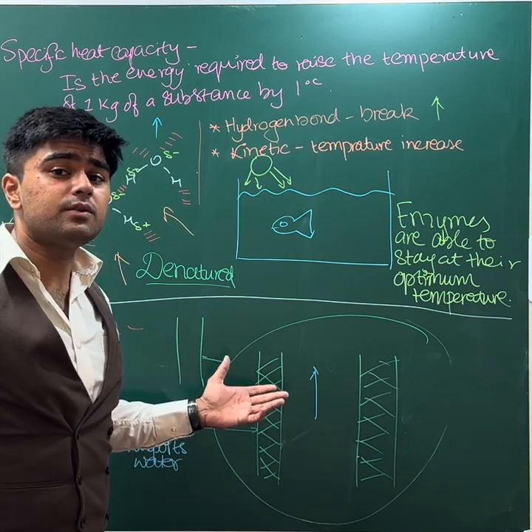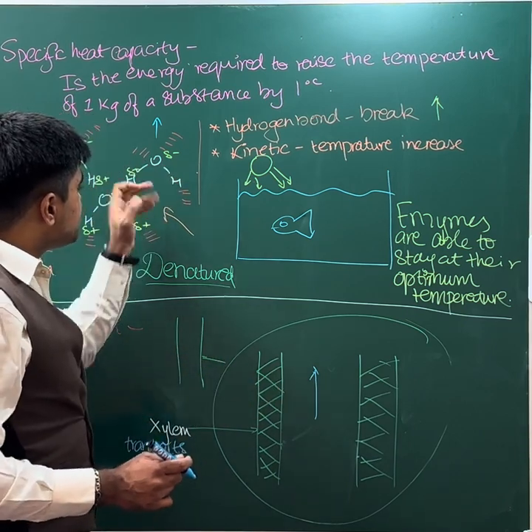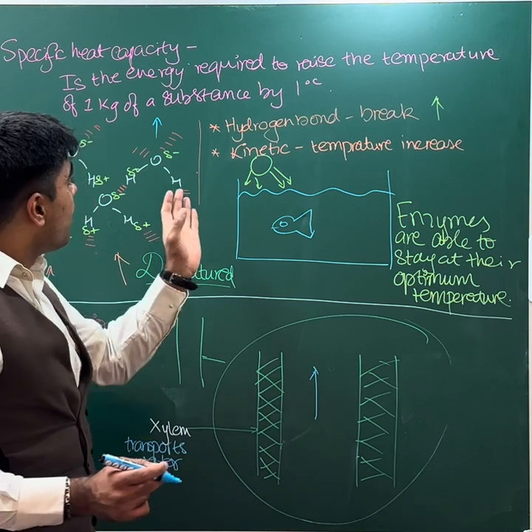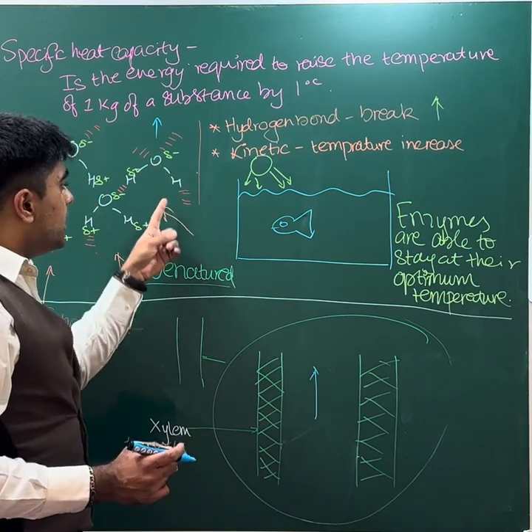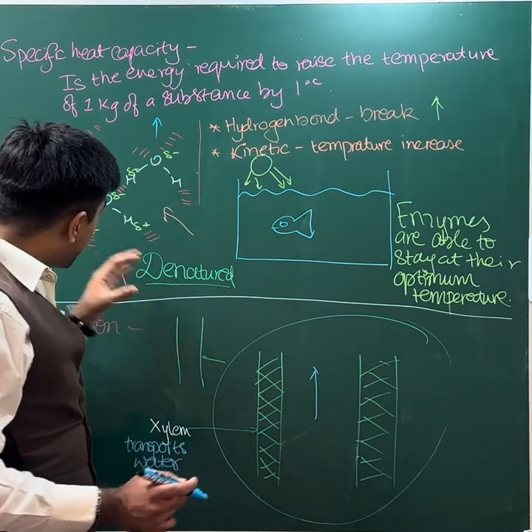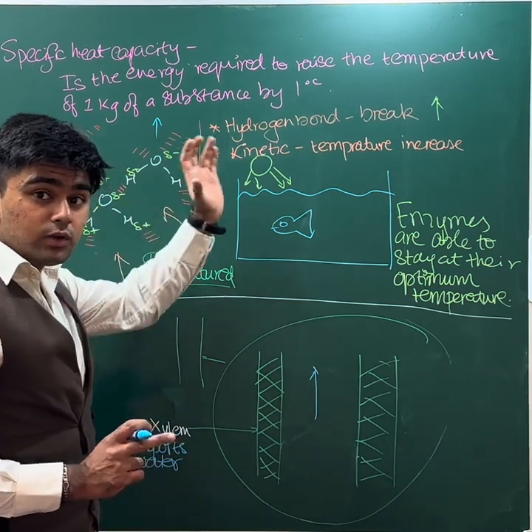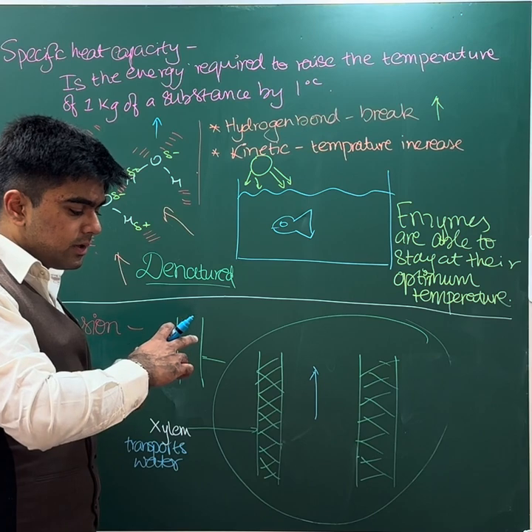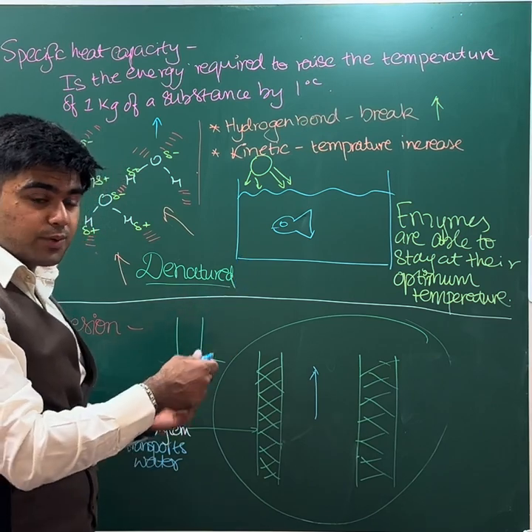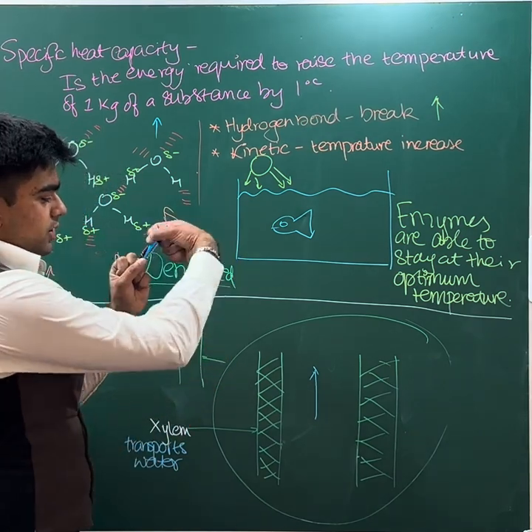So how does cohesion help? Well, because these two molecules are attracting each other, when the transpiration stream pulls one molecule upwards, the other molecules are attracted and will follow along. They will also be pulled, right? So if you imagine this is one water molecule, this is the other water molecule.